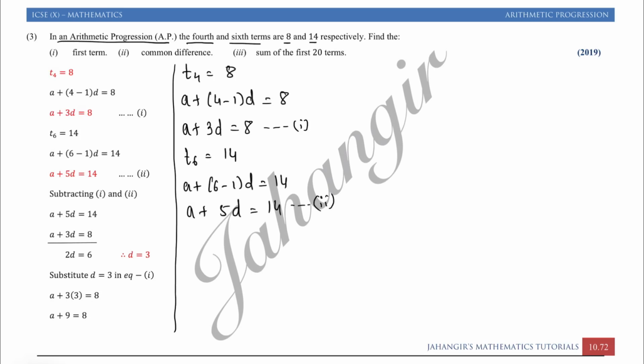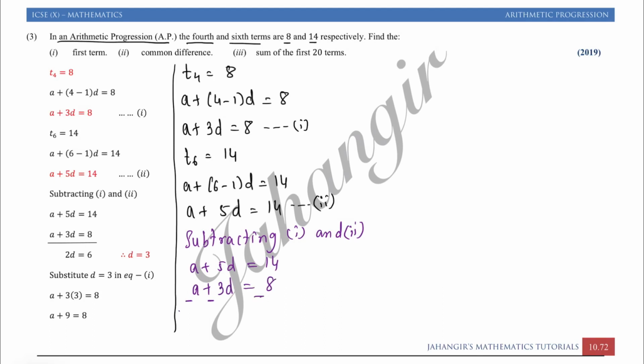This type of question we had solved in the first exercise, subtracting 1 and 2. So we can write a plus 5d is equal to 14, a plus 3d is equal to 8.